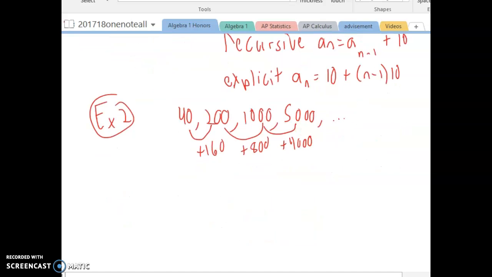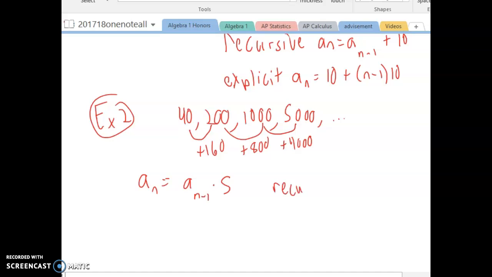So the first difference is being multiplied by a common ratio of 5. So this is geometric. So a sub n equals a sub n minus 1 times the common ratio, which is 5.